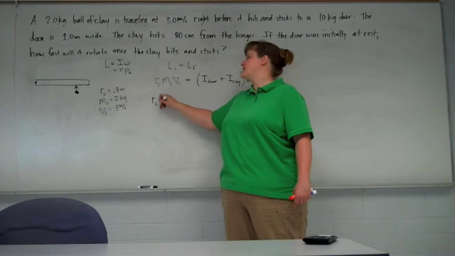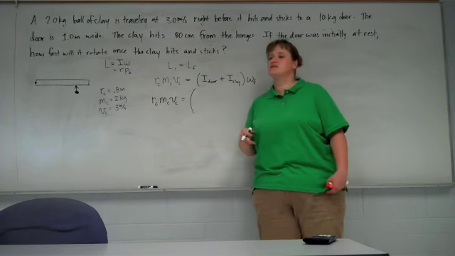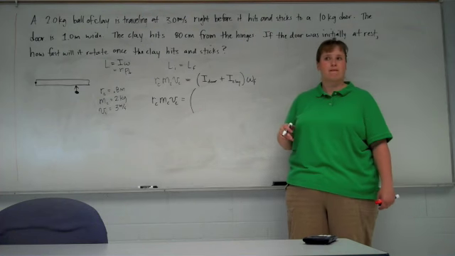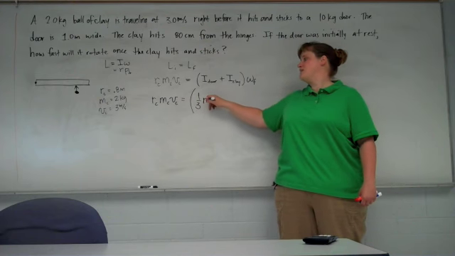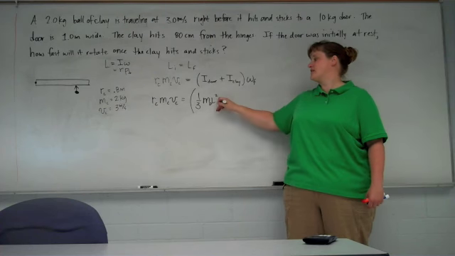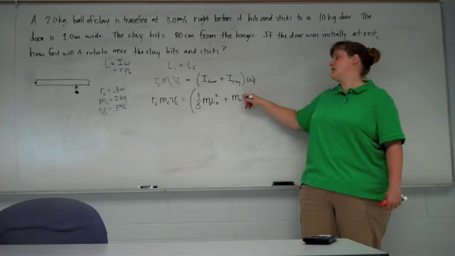If you look on the table in your book, what is the moment of inertia of a door around its outside edge? 1/3 ml squared. So this is the mass of the door and the length of the door. Mass of the clay is still mR squared.